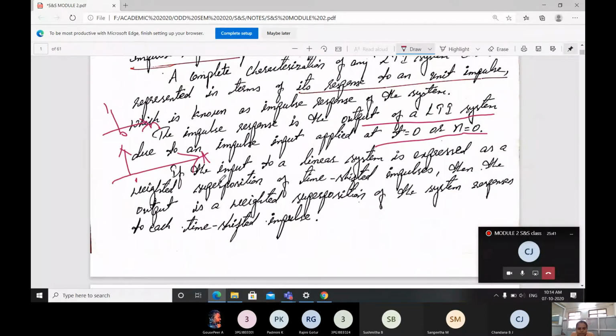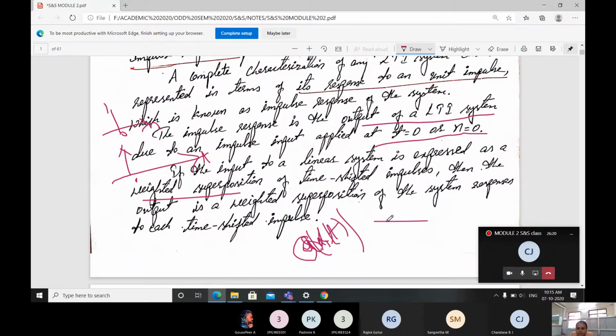Then if the input to the linear system is expressed as a weighted superposition, weighted meaning multiplying by a into x1 of t, how much amplitude you are giving the signal, how much weightage you put on the signal, of time shifted impulses, then the output is the weighted superposition of the system response to each time shifted impulse.